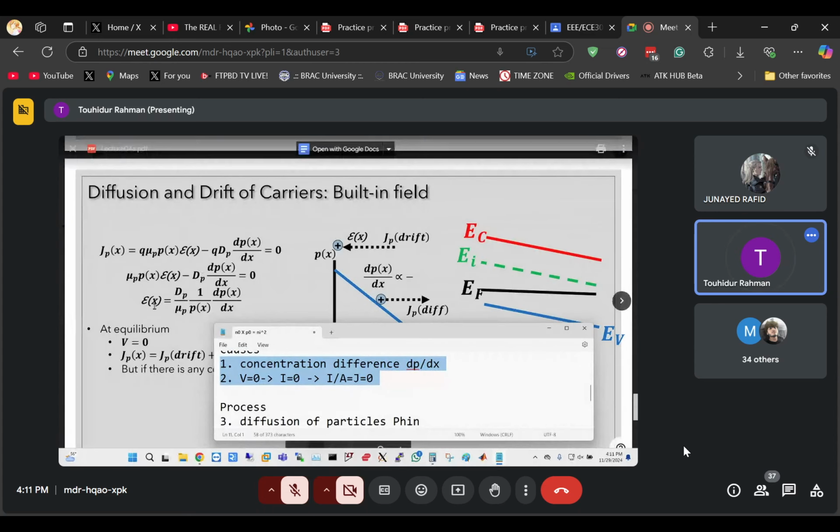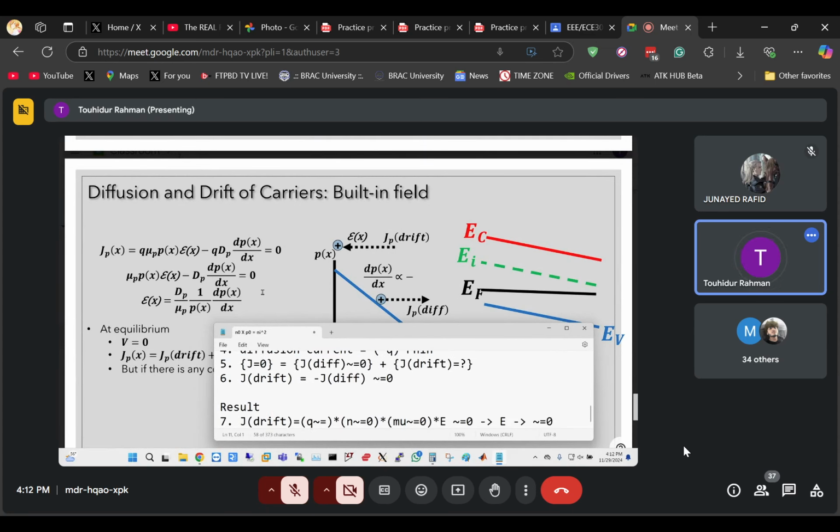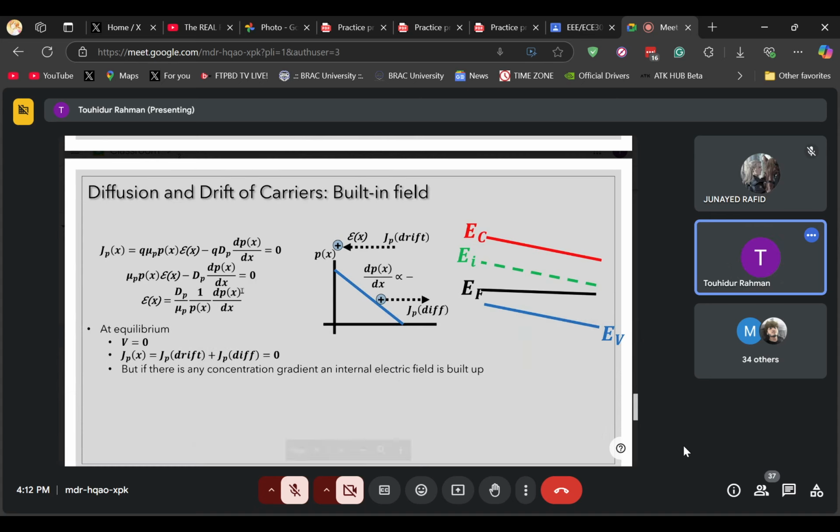Remember, this electric field is not generated by applied voltage, because we don't have applied voltage. We cannot generate that electric field from an applied voltage. That means it is already inside the material. Because it's already inside, we call it built-in. Okay. All right, I hope that makes sense. So now you can understand this slide is just a derivative of what we already discussed earlier.